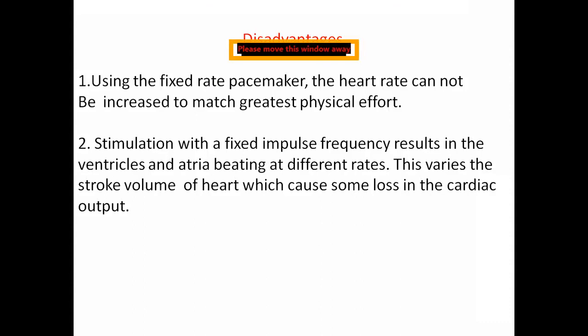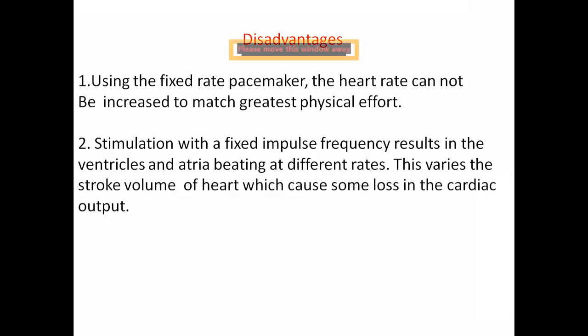It is just giving some pulses, like a basic type of pacemaker. It just produces the signals with a fixed rate, and it does not increase the heart rate to the required extent.